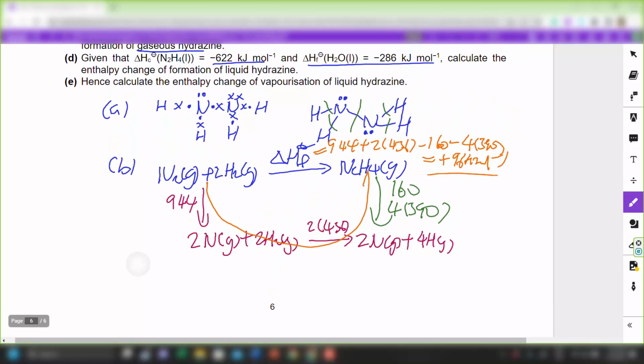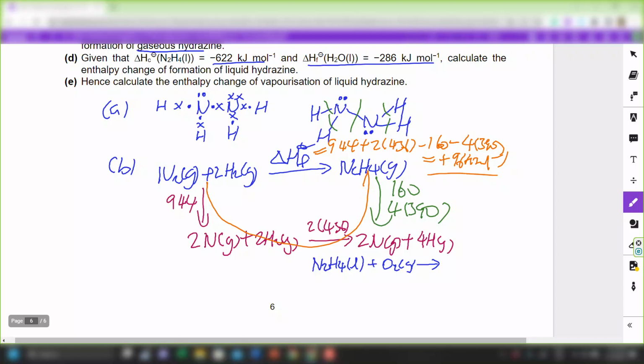So I'm going to use a little bit of space here, so that will be N2H4 for liquids, combustion, so plus O2 gas. Given the thermodynamic stable states, I'm not going to expect NO2 to be formed.